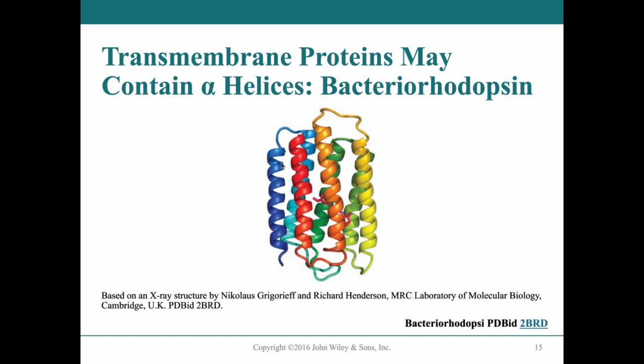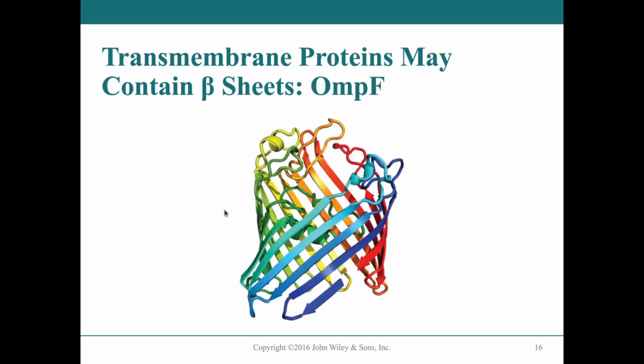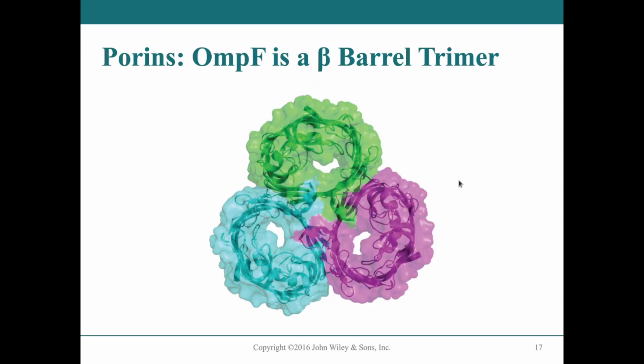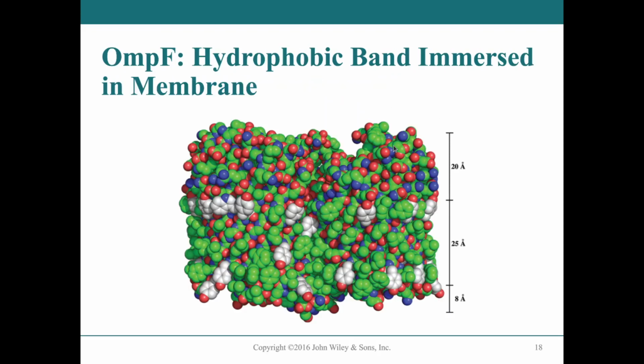So it basically protects the hydrophilic backbone from interaction with the hydrophobic tails of your phospholipids. So the same with this one. You have here hydrophobic residues located on the outside interacting with the phospholipid bilayer.